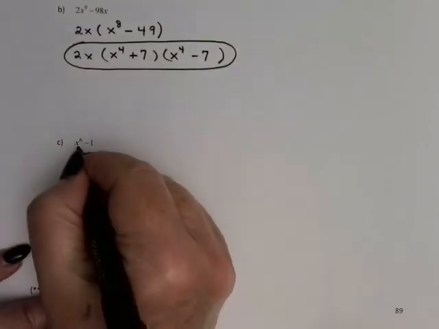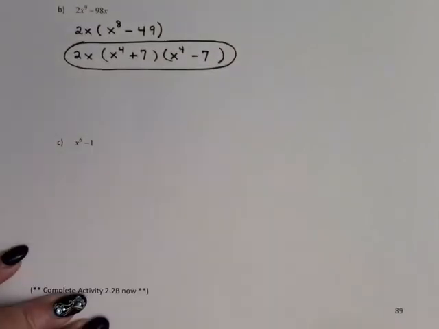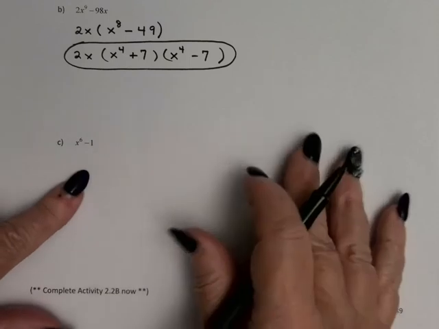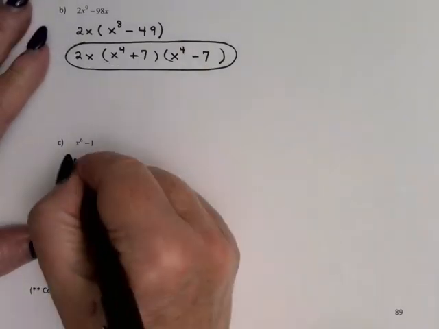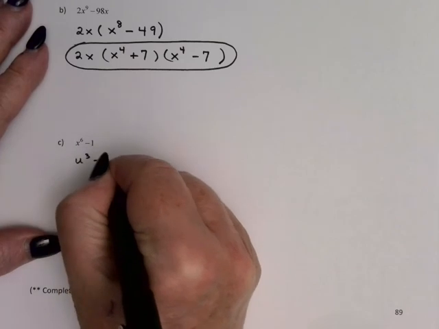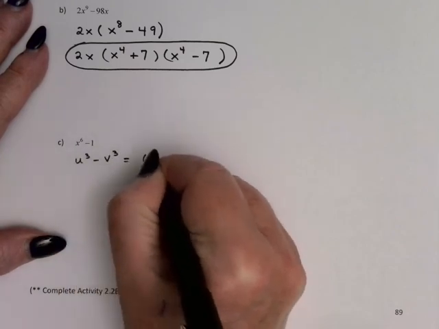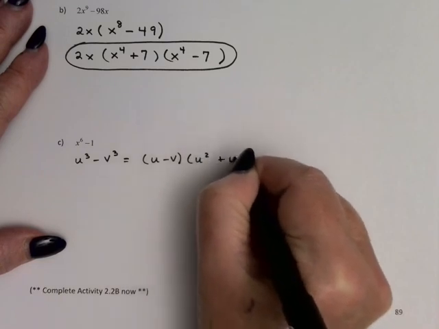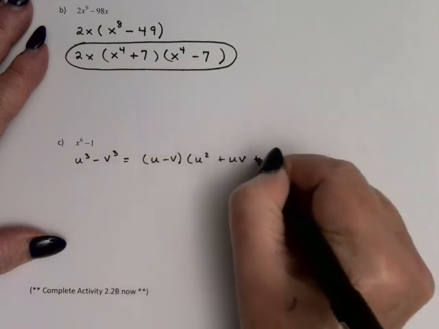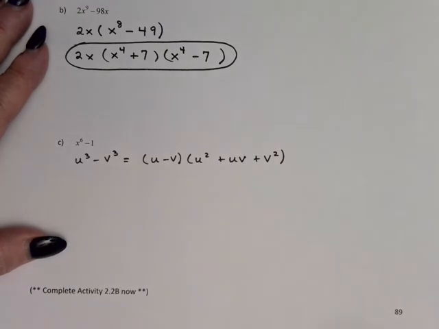All right, our last one, x to the 6th minus 1. I'm going to treat this one as a difference of cubes. And since it's kind of up off the page right here, let me just write it down real quick. U cubed minus v cubed is u minus v times u squared plus uv plus v squared.